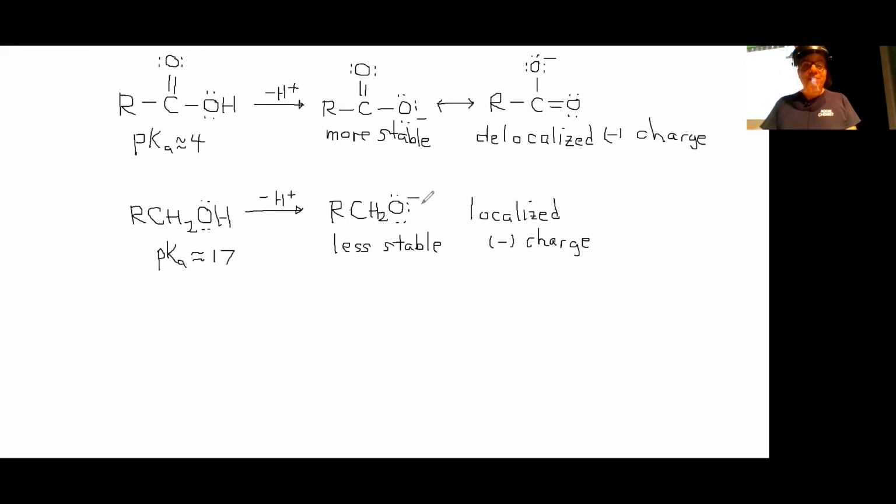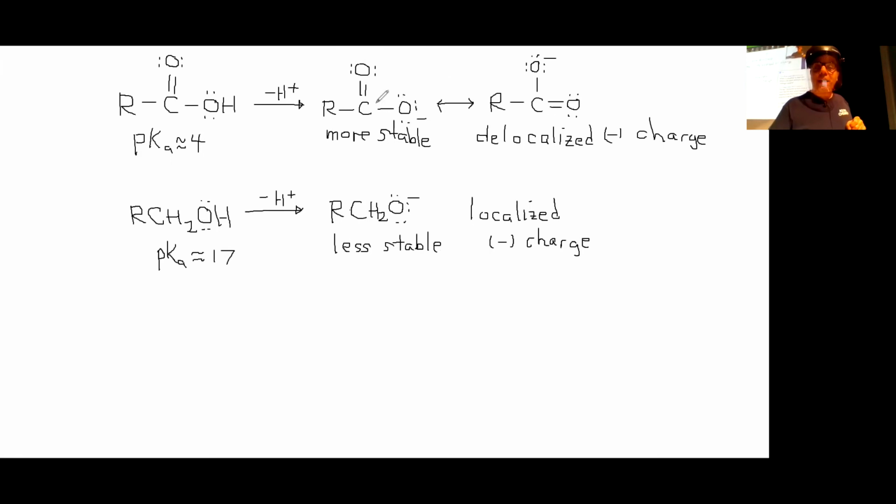Right, but this is still going to be a less stable species than this one, because here, not only are we putting the minus charges on electronegative oxygens, we're also spreading out that minus charge over a larger surface area, which leads to less electron-electron repulsion. And that means that in comparing these two species that otherwise are pretty similar, they have the same number of carbons, this is why we find that this conjugate base is more stable than this one.